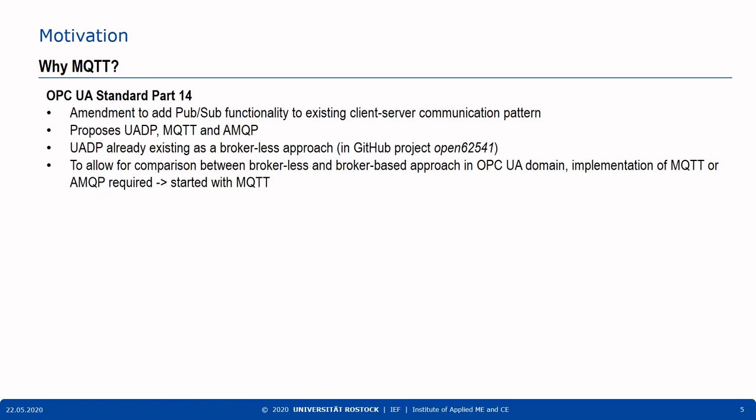In this part 14, they propose UADP, so UDP over multicast with a binary data encoding, as a brokerless approach, and they also highlight MQTT and AMQP as possible broker-based approaches. In the most common OPC UA project, Open62541, there is already a UADP implementation existing.